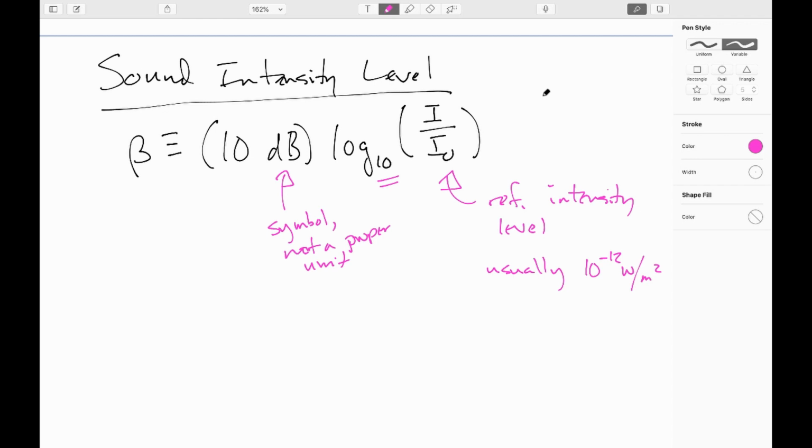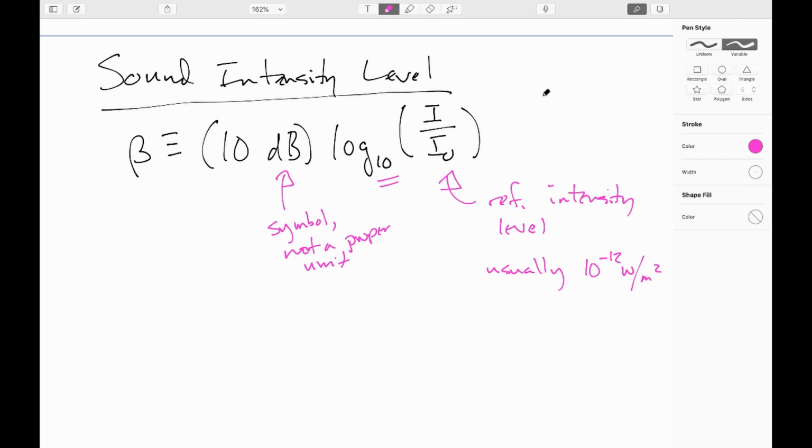So in that case, anything above 1 watt per square meter is heading rapidly into threshold of pain territory. And that would give you positive logarithms, and anything that would not hurt the ears would be giving you, because it would be less than that reference intensity level, negative logarithms.